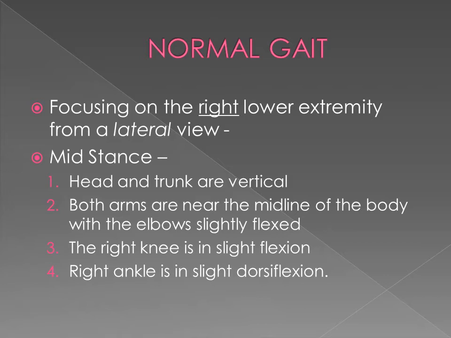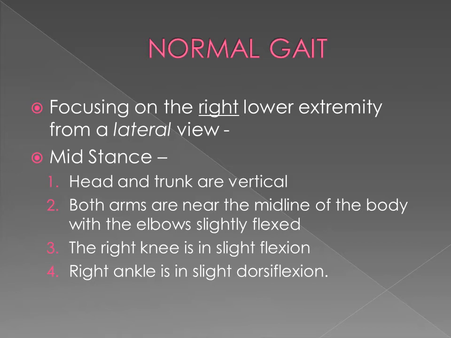So looking at the right foot now from the lateral view, with the body's center of gravity over the base of support, we should see that the head and trunk are vertical. Both arms are near the midline of the body with the elbows slightly flexed. Of course, the elbows are going in opposite directions.